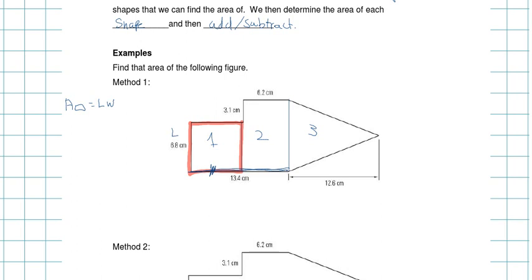So if I do 13.4 minus 6.2, it gives me this one. So to find the width, I have to do 13.4 minus 6.2. In this case, what do you get, 7.2? Yeah.